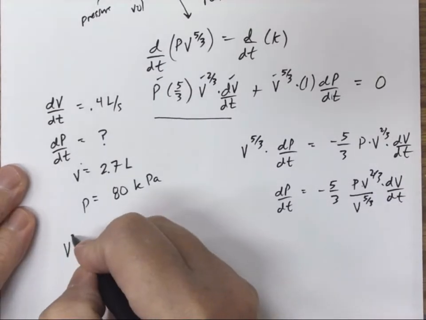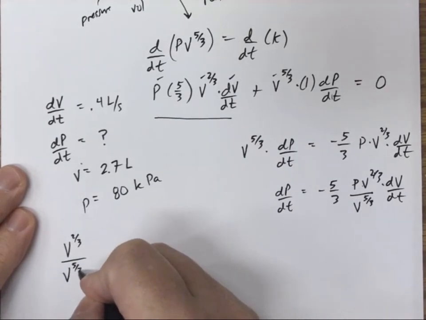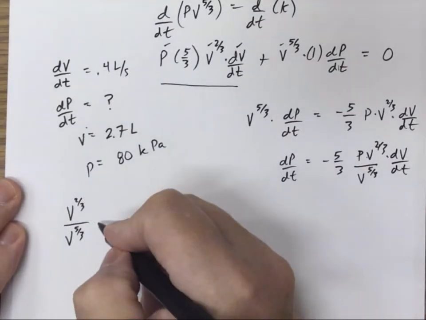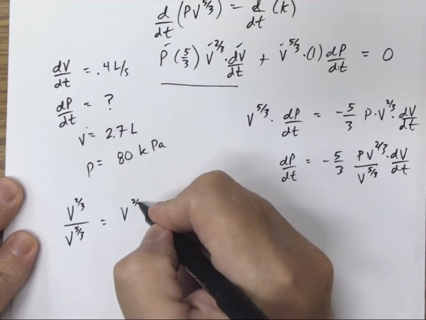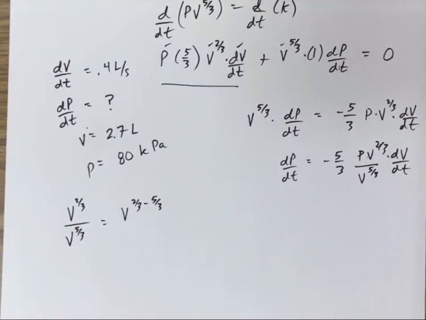If you remember some of your exponent rules, you have the same base. You simply take the top exponent and subtract the bottom exponent.